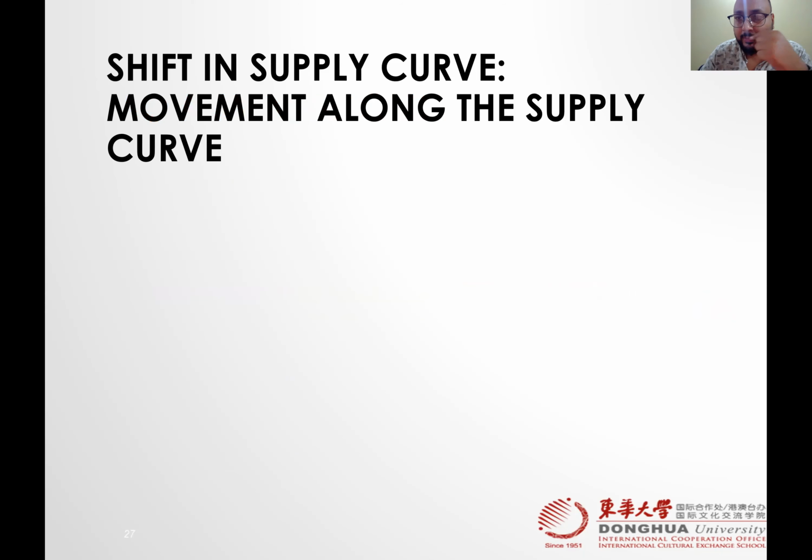If there is an increase or decrease in quantity supplied and the reason is not price, we call it a shift. So an increase in supply means a shift to the right. A decrease in supply means a shift to the left. The concept is the same, right?